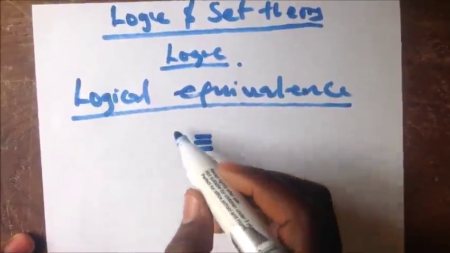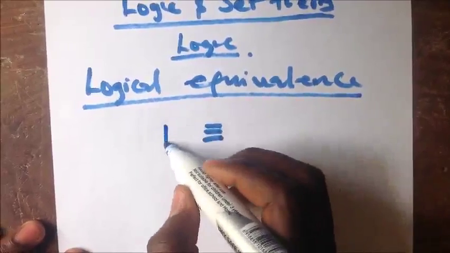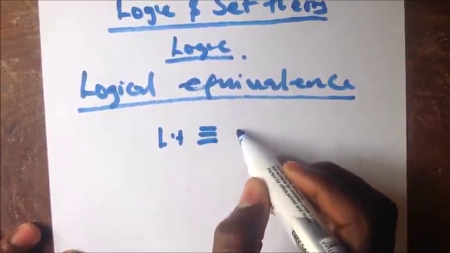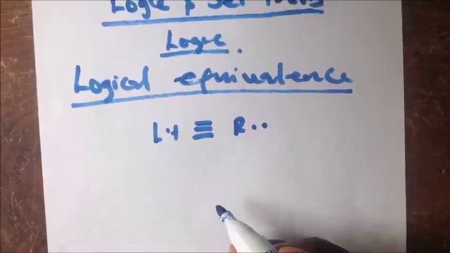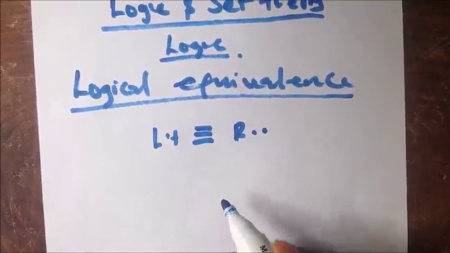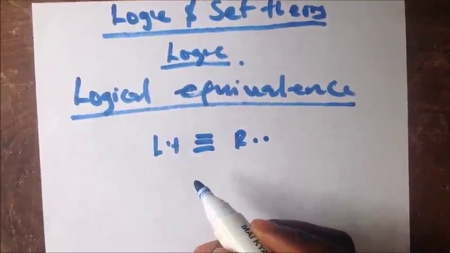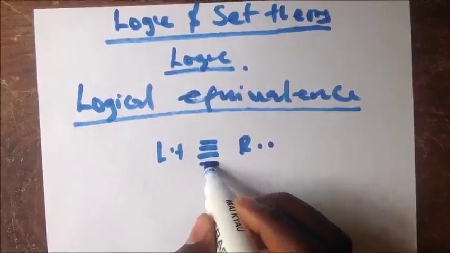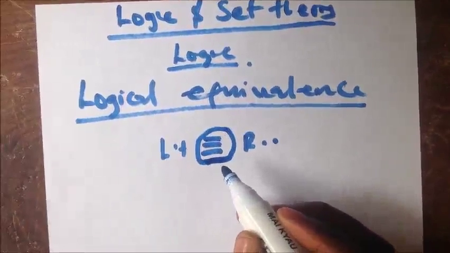But because we are dealing with logic operations, we say that what is on the left hand side is logically equivalent to what is on your right hand side. So what do we mean by logical equivalence? Two or more propositions are said to be logically equivalent, using these symbols, if they have the same truth table.